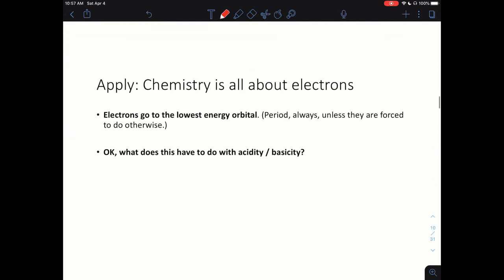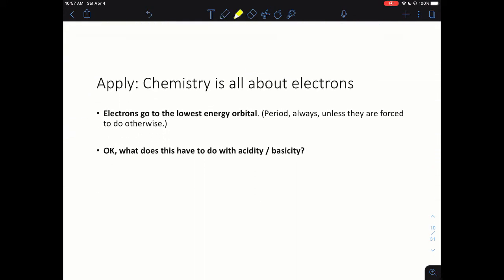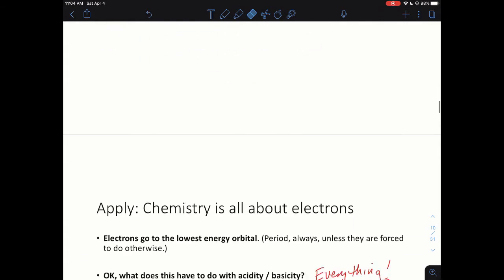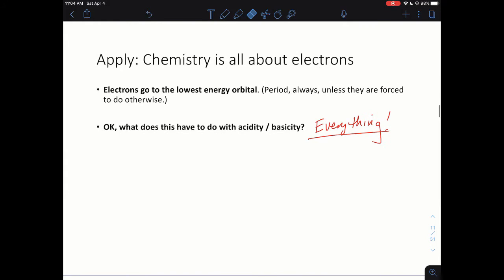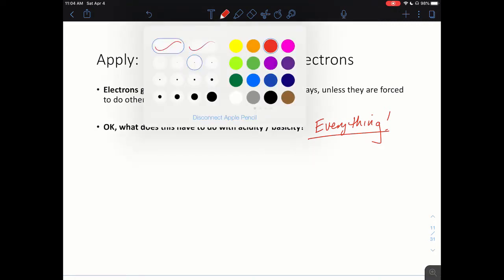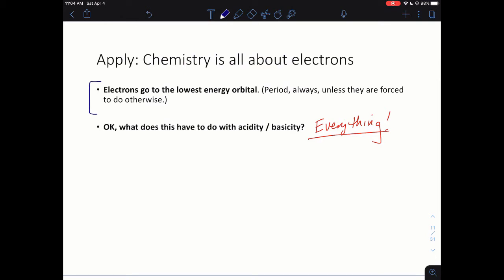So now you might be wondering, and you probably are, what does this have to do with acidity and basicity? This has everything to do with acidity and basicity. I do want to reframe this statement a little bit. So previously we have used the statement that electrons go to the lowest energy orbital. And when we use that statement, we were just kind of thinking about one species, perhaps.